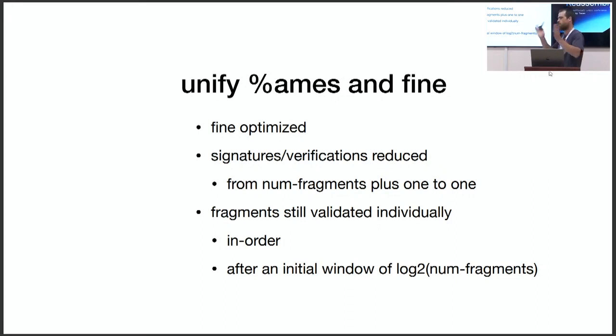And so what this means is logically you have two sequences that are multiplexed. You have a sequence of the fragments of the message, and then you have a sequence of the hashes in this traversal order, and as you receive them, you collect them into the appropriate data structure. Once you've received log2 of the number of fragments, then you'll be able to validate each individual one after that, so long as you process them in order.